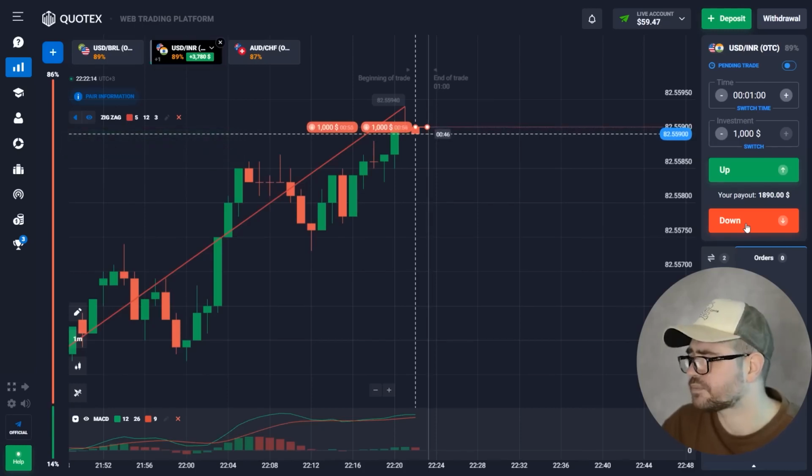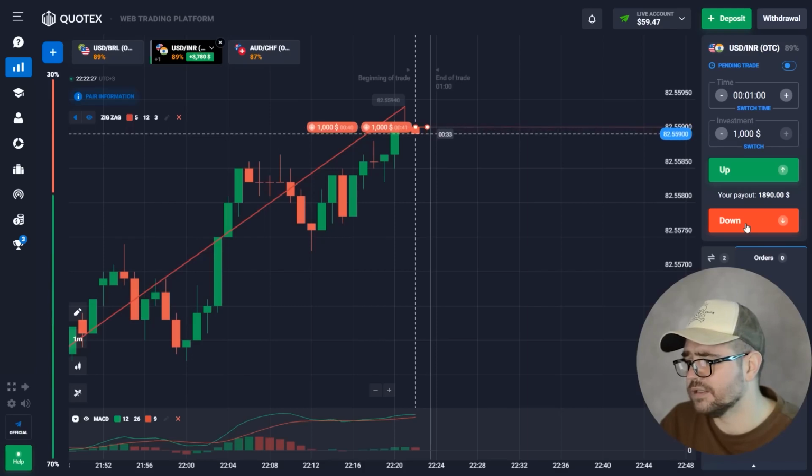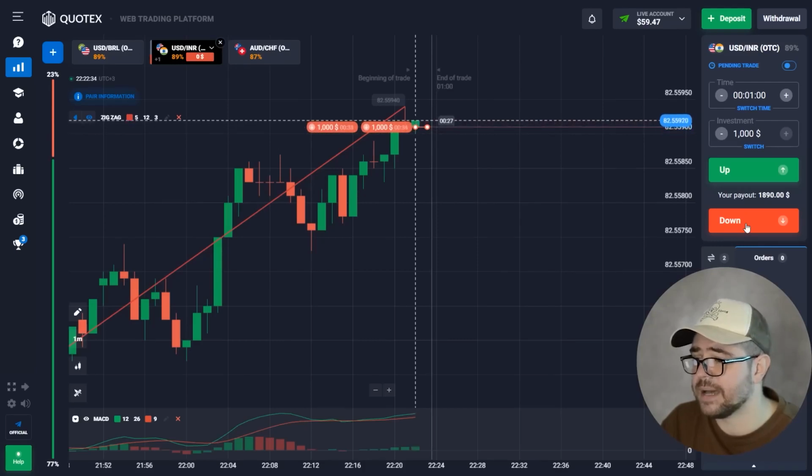If you look at the MACD as well, it looks like it's going to enter the downtrend. It's going to enter into the short. If you look at the green line, it's about to.